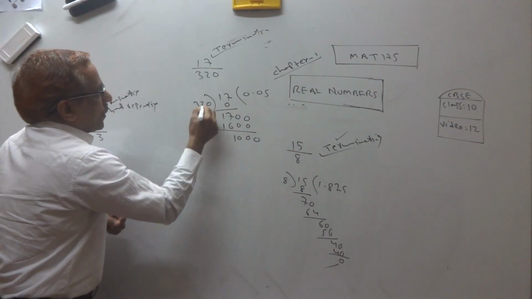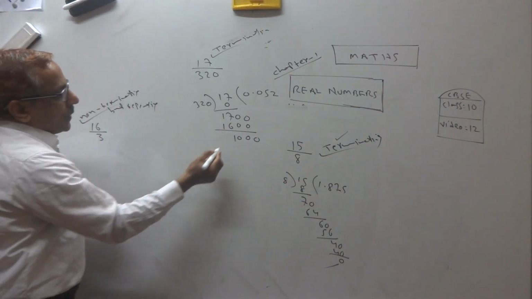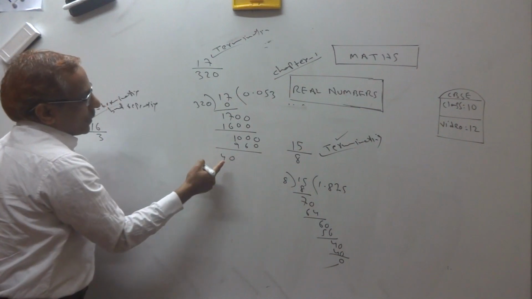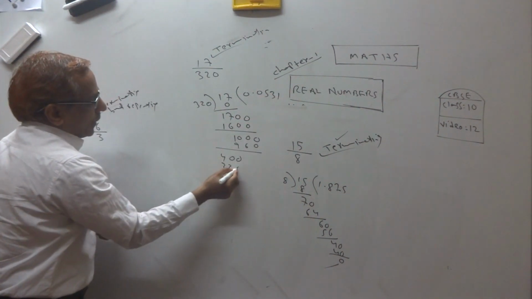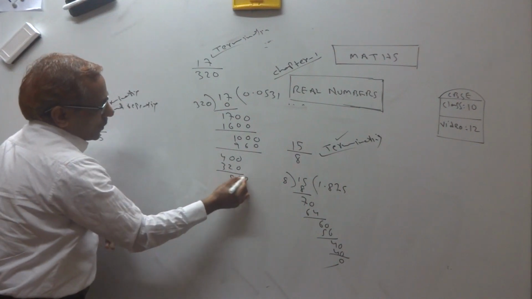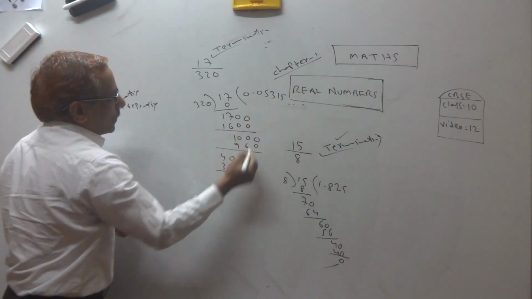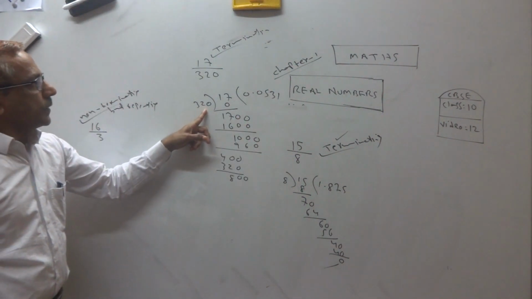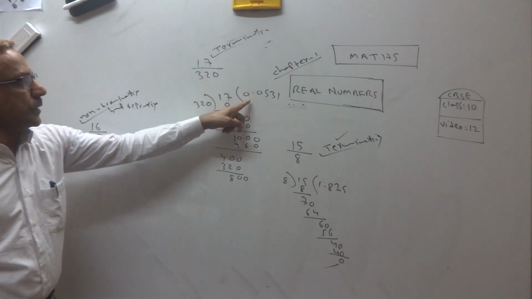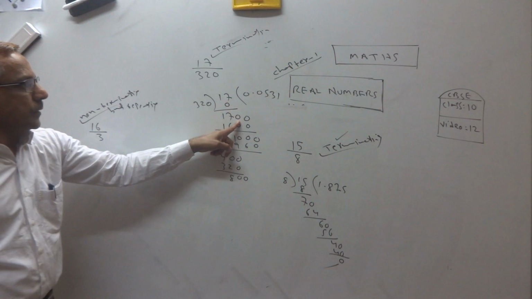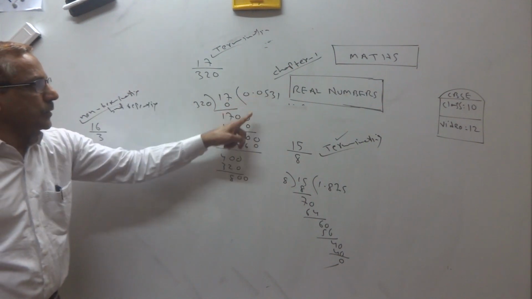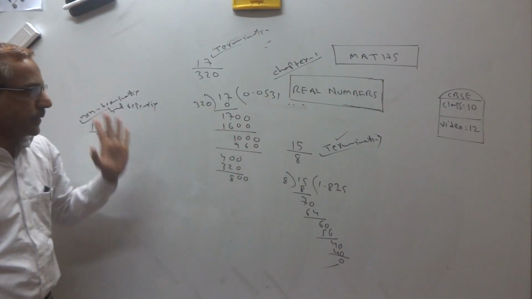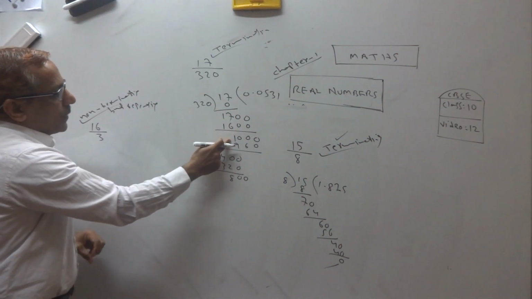Then again 0, 0. 32 5s are 1600. 7 minus 6, 1.